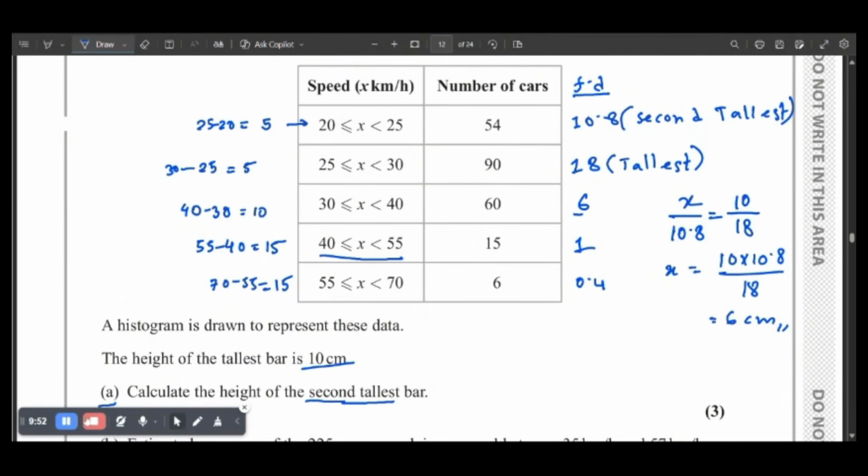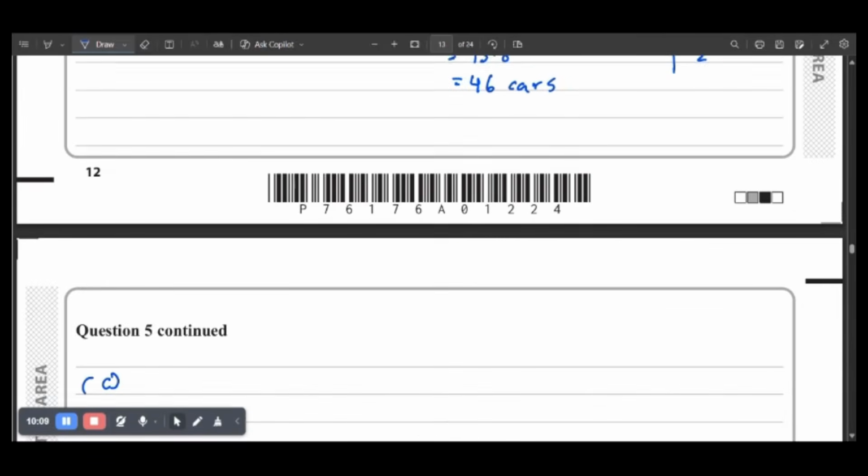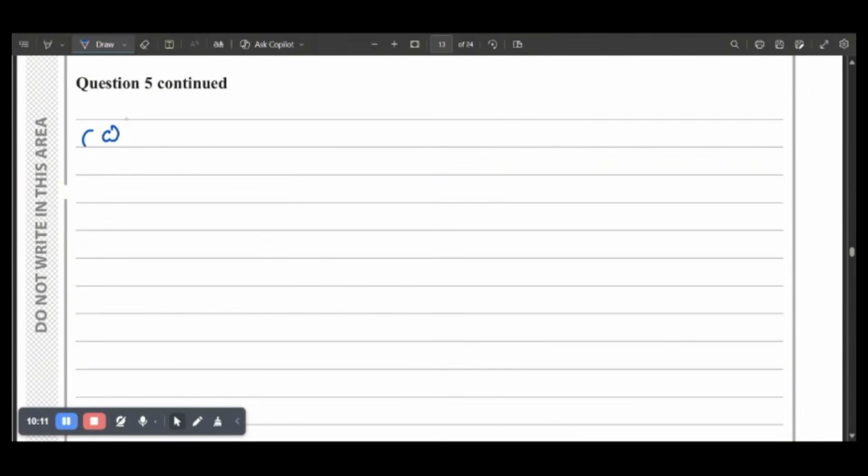The class in which the median lies is this class, so we will use this class to find the median.